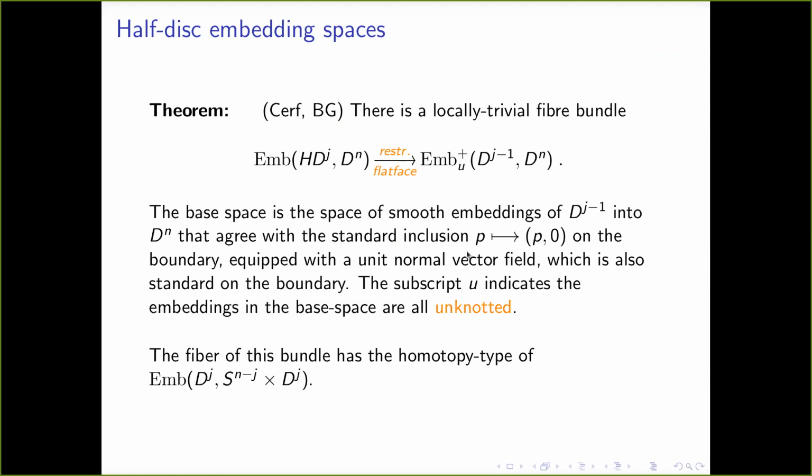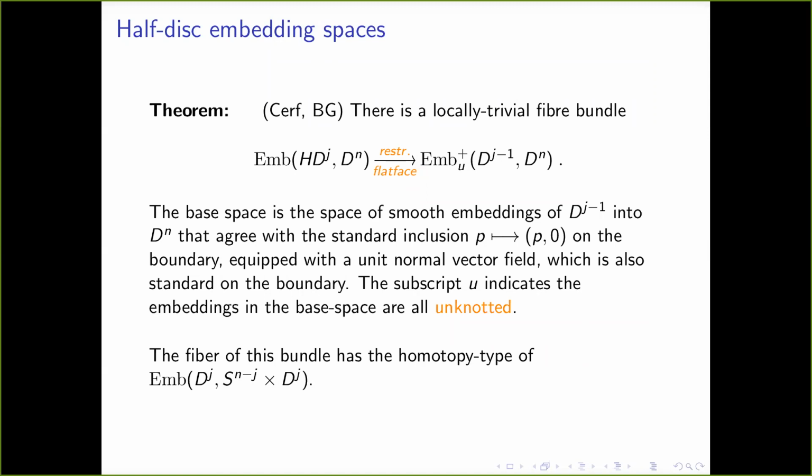So that's a locally trivial fiber bundle, and the fiber has the homotopy type of the space of embeddings of D^j into a sphere cross D^j. Basically the argument for that is that it's standard along the flat boundary and the round boundary, and the derivative is standard.